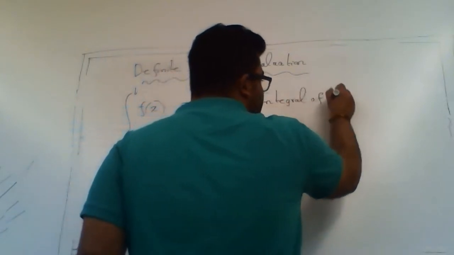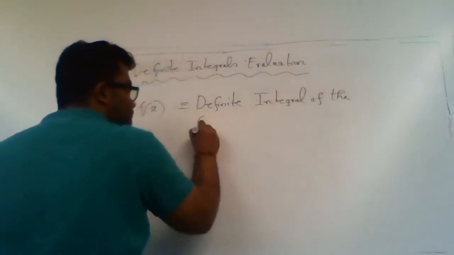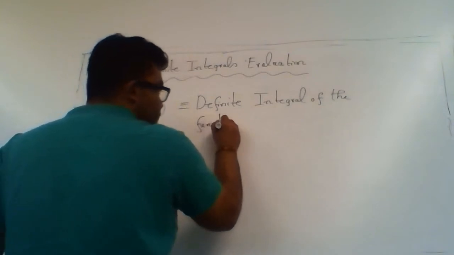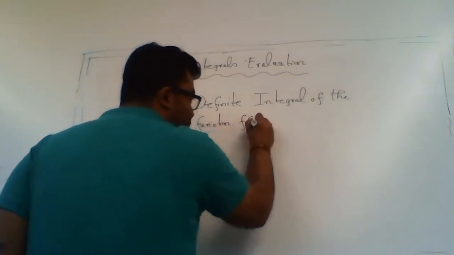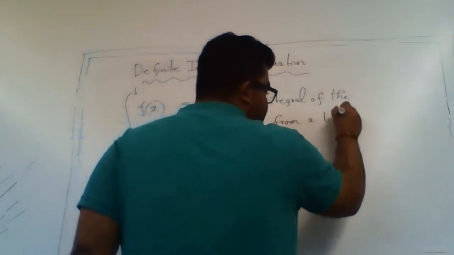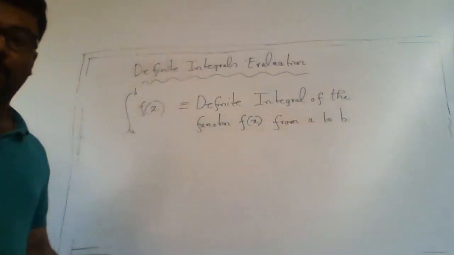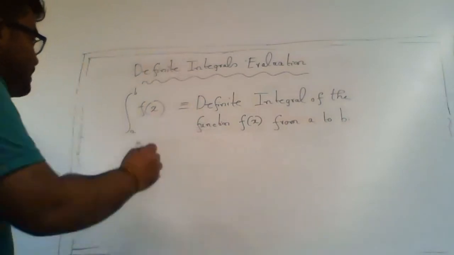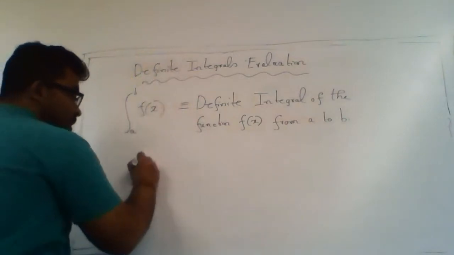of the function f(x) from a to b. And we also saw before the spring break, what does this symbol represent? This represents an area.